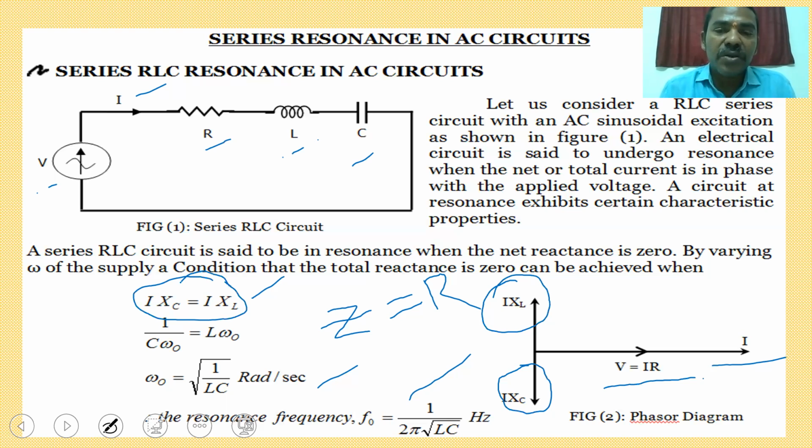Under that condition only you can get resonance. In resonance, the angle between V and I is 0 degrees, so the power factor cos 0 is equal to 1.